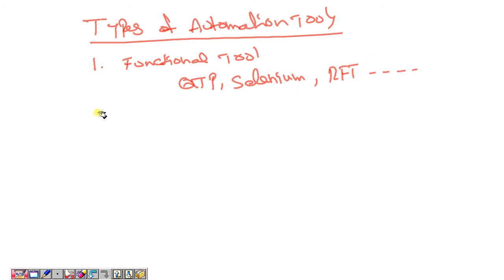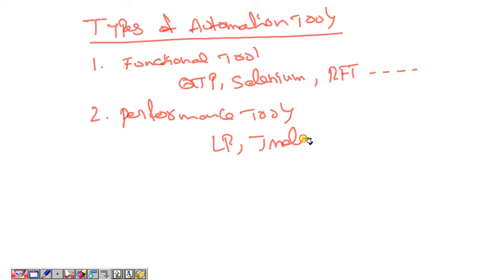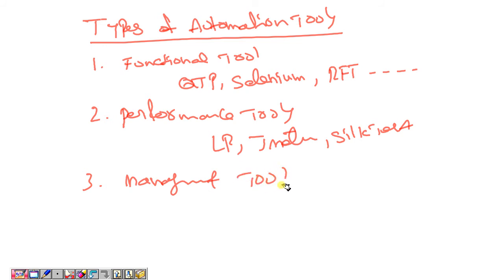The second one is performance tools: LoadRunner, JMeter and SilkTest. And the third one is the management tool. What is the management tool? Quality Center. Okay. So our plan is to go for the Selenium functional tool.